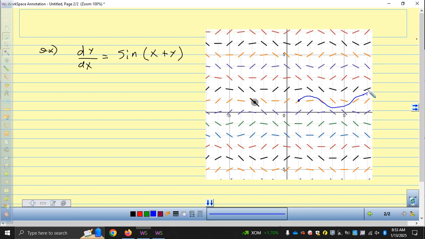Because the slope in here is about between the slope of those two lines. So we get something that looked something like this. And it's not necessary to be super precise with your slope field, but that's a general shape of a solution curve.